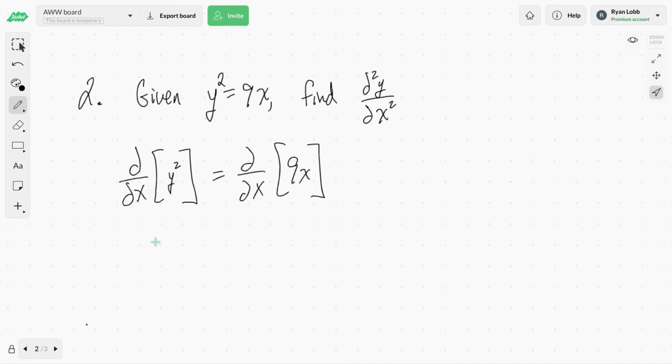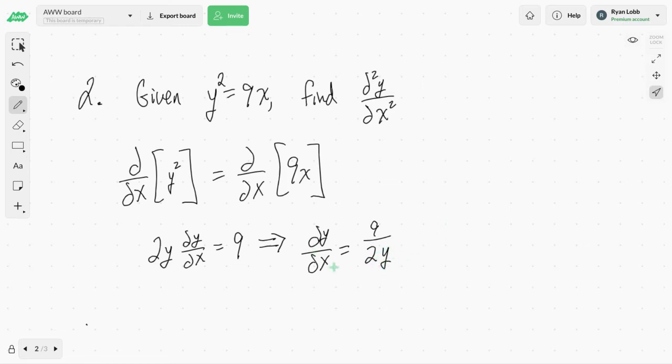So we're going to have 2y times dy/dx equals, over here, the derivative of 9x with respect to x is just 9, which implies that dy/dx is equal to 9 over 2y.